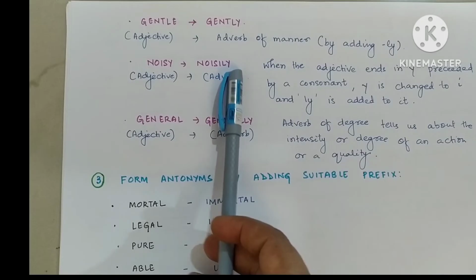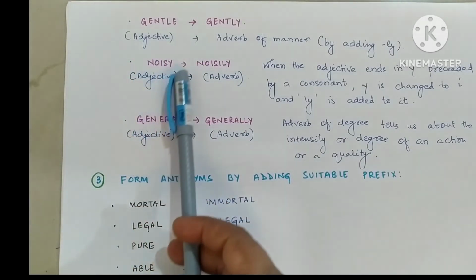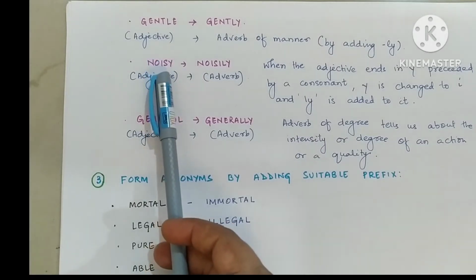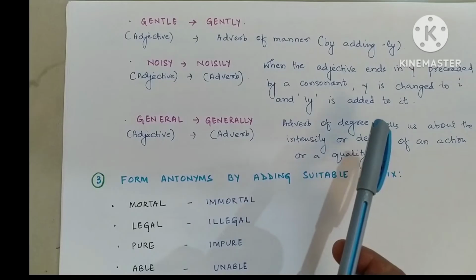So instead of y, it becomes i-l-y. Why? Because this adjective is ending with y and the letter before it is a consonant, which in this case is s. You have to remember these things.